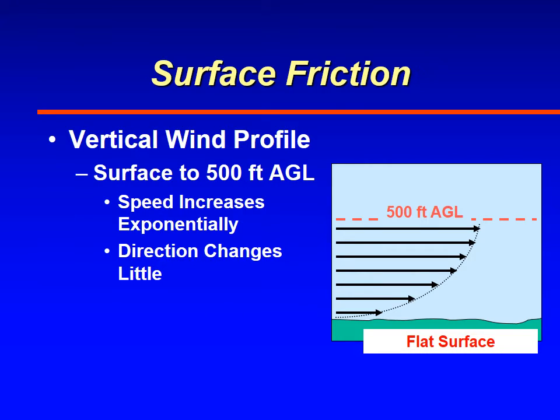And as you go up through the atmosphere, the wind speed increases with height. So much so that in the lowest 500 feet AGL, the wind speed increases exponentially, although the wind direction does not change all that much in the lowest 500 feet above the ground.